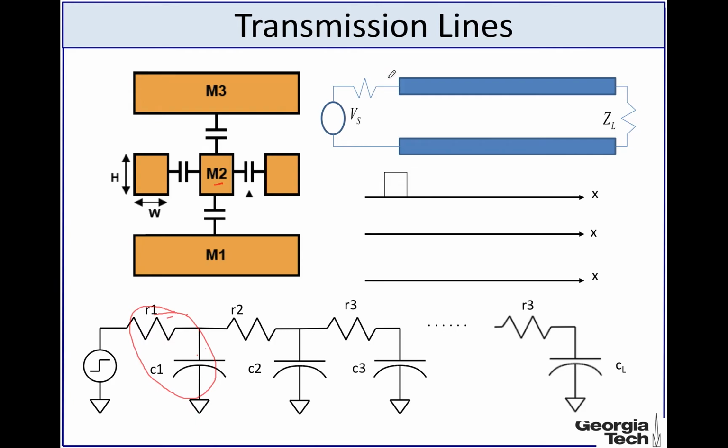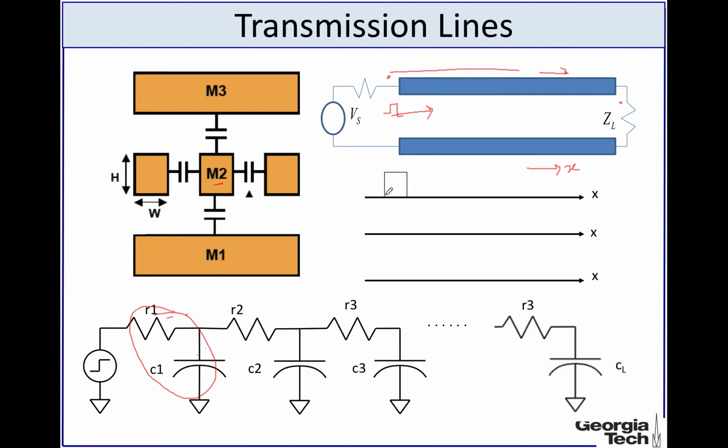For example, if you go from this end all the way to the other end, the circuit will essentially look like this. And in electromagnetism, this is actually called the transmission line. The significance of this representation of the interconnect is that as the signal gets transmitted along the x direction of this transmission line, once a signal is input here, it will take some time for the signal to come at this point.